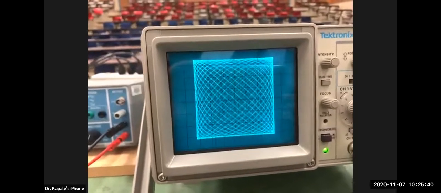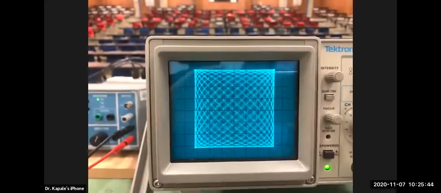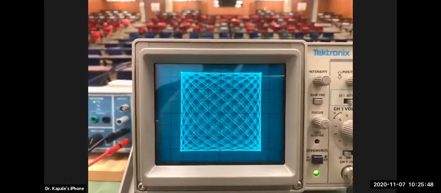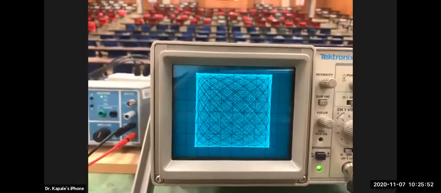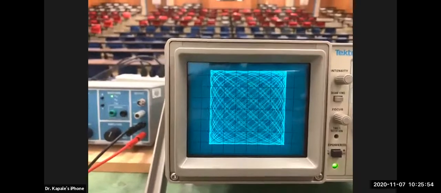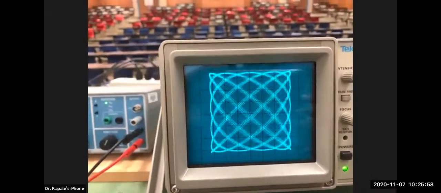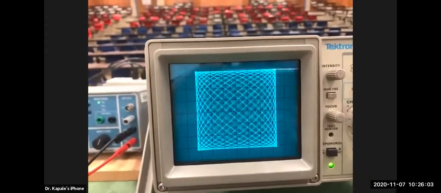Okay, so I'm just going to play with these numbers, and let's see what happens if I match. So right now I'm at 960. I'm going to quickly go down to maybe about 900 or so, and let's see what happens. We should start seeing a slightly less busy pattern there when I go to 900.